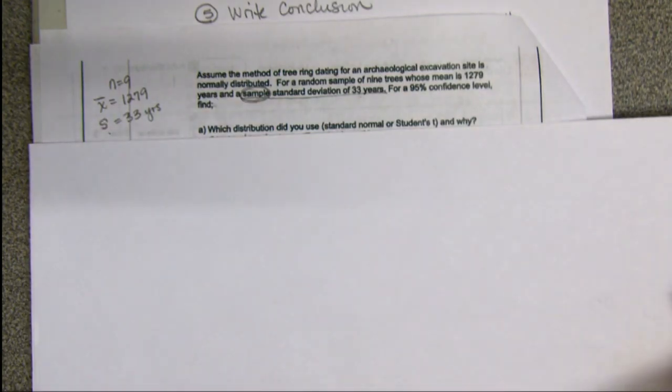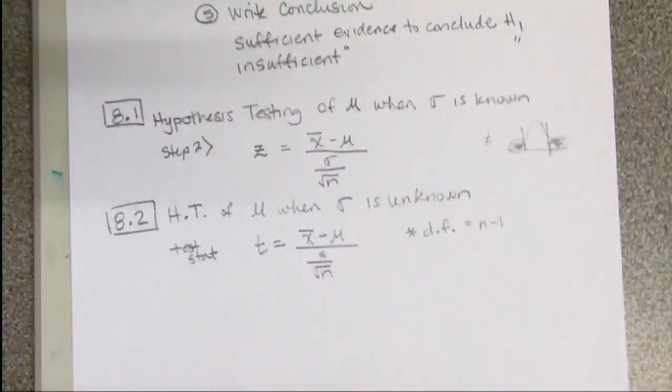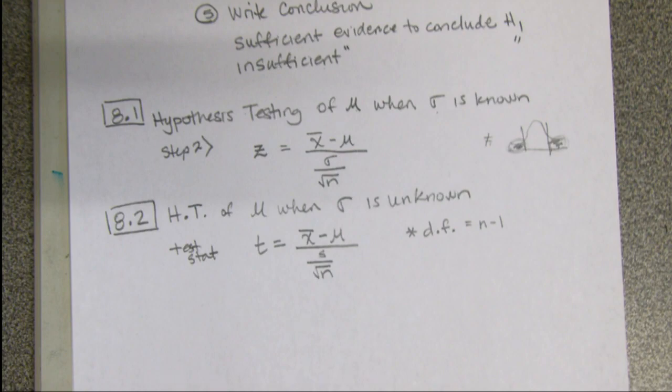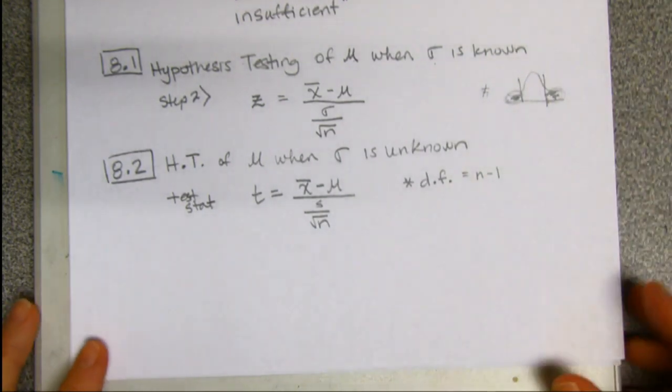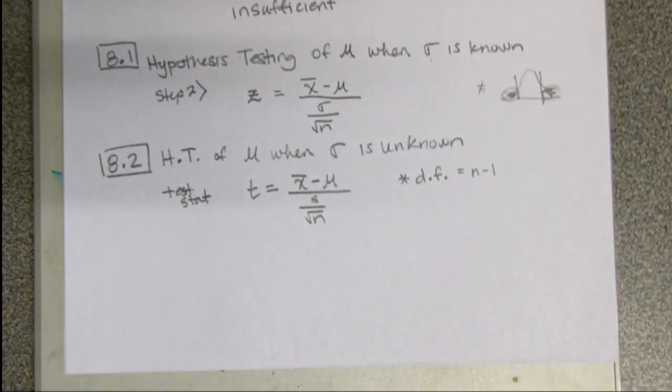So be careful. A lot of you guys didn't see that word sample, or you forgot that the sample standard deviation is an S. We tried to emphasize what all the variables stood for throughout the semester. All right, so be careful, and that is section 8.2.